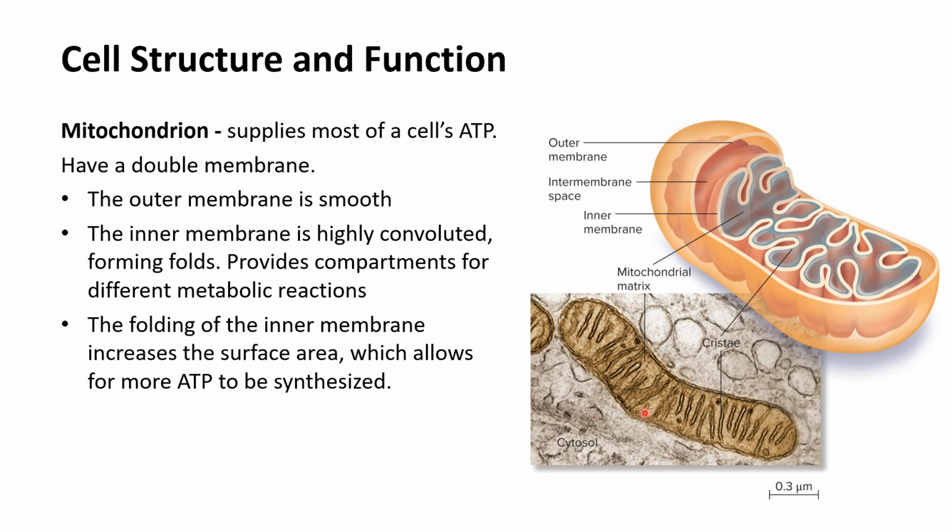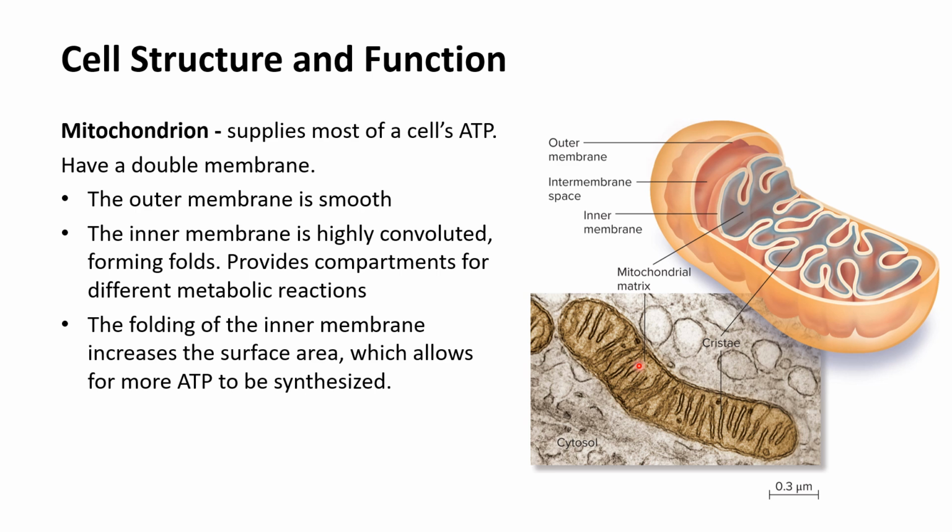But if we focus on the mitochondria, the internal folds of the inner membrane are known as cristae. And the fluid inside the mitochondrion is known as the mitochondrial matrix.